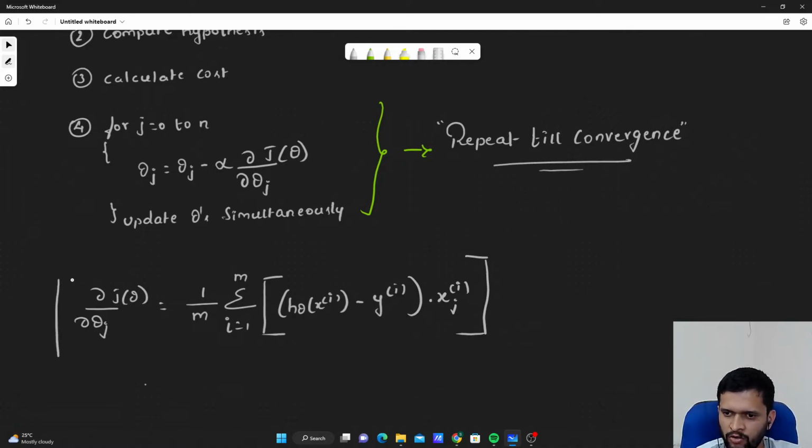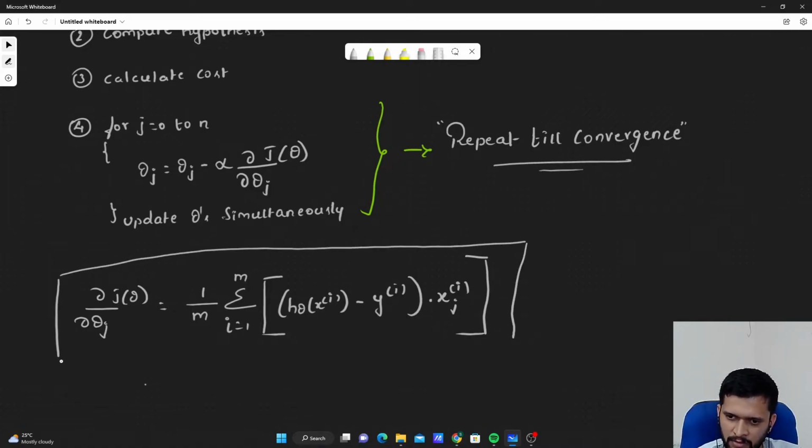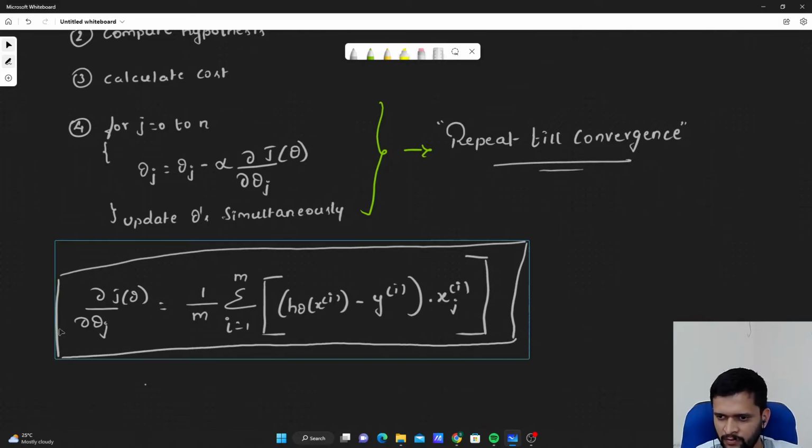I am not going into detail on the derivation. If you know a bit of calculus, you can easily arrive at this formula. This is how we update the parameters.